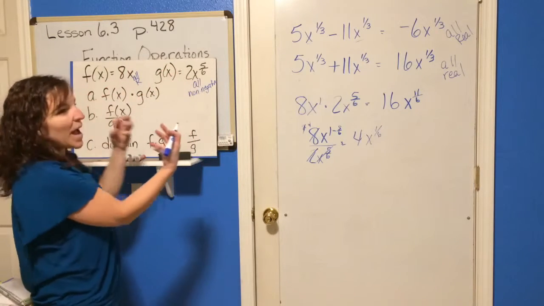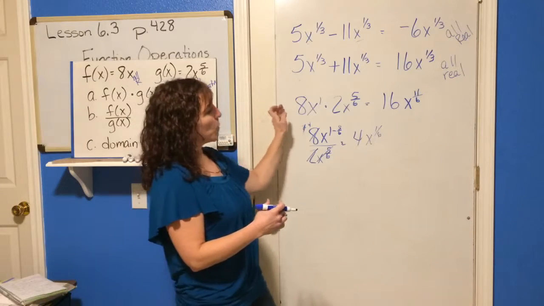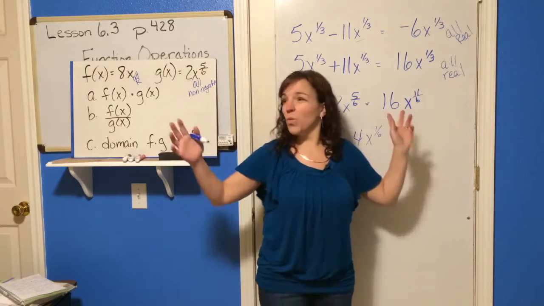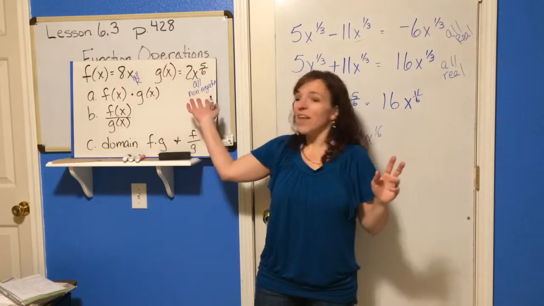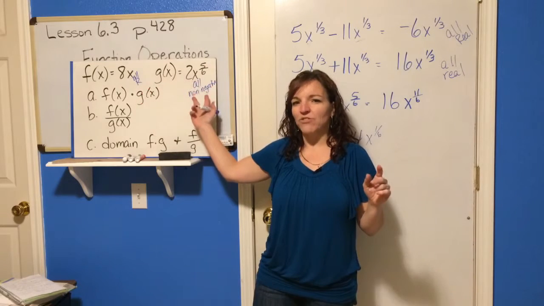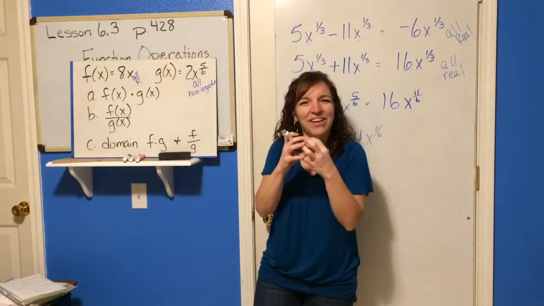So when we combine them, our domain for this combination here, when we multiplied them, so now we've got all real numbers and all non-negative numbers, but all non-negative numbers is not all of them. So we have to go with the smallest common domain, okay?